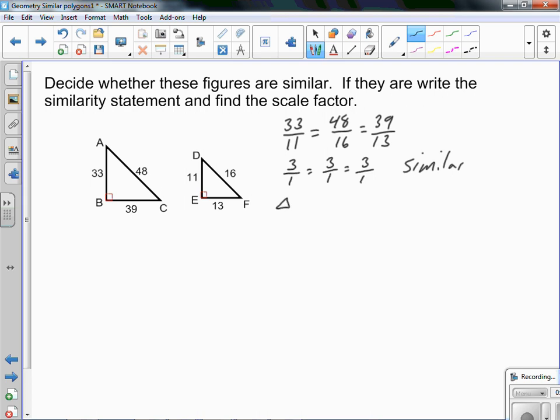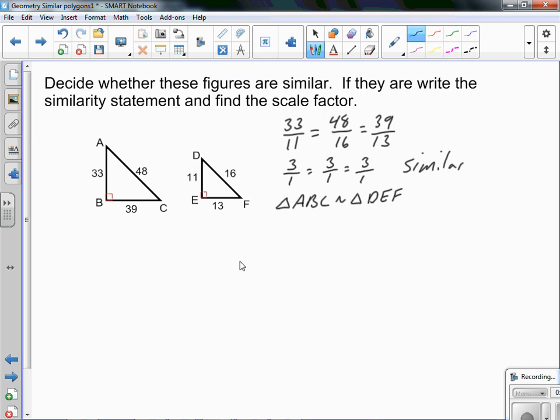And then it wants us to make a similarity statement. So that just means to write it out: triangle ABC is similar to triangle DEF, putting a little wavy line in between the 2 figures. And the other part that it wants us to come up with is the scale factor.